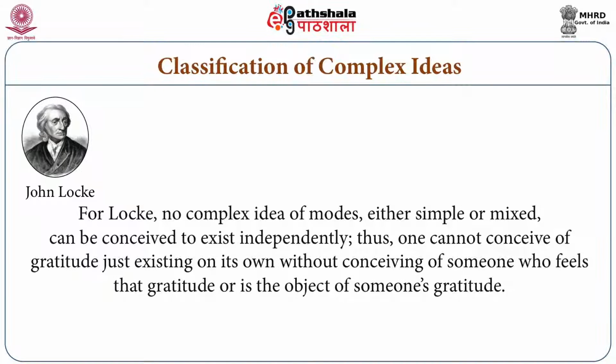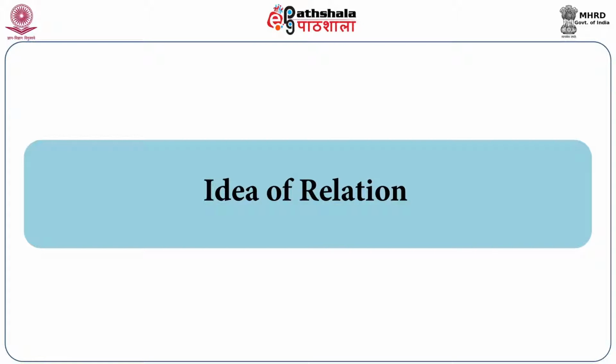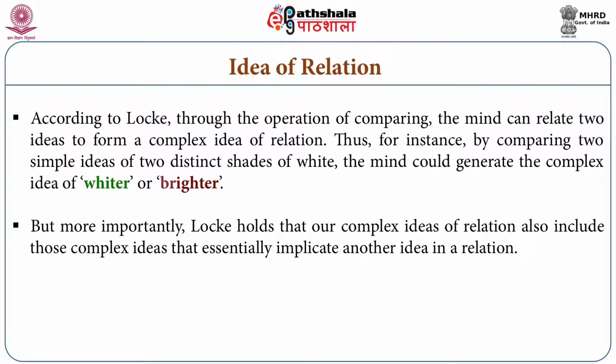Apart from the complex ideas of substance and modes, Locke's category of complex ideas consists of complex ideas of relation. According to Locke, through the operation of comparing, the mind can relate two ideas to form a complex idea of relation. Thus, for instance, by comparing two simple ideas of two distinct shades of white, the mind could generate the complex idea of whiter or brighter.